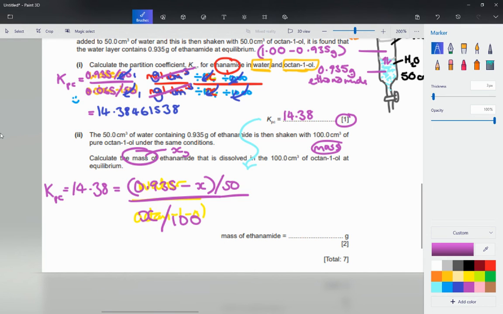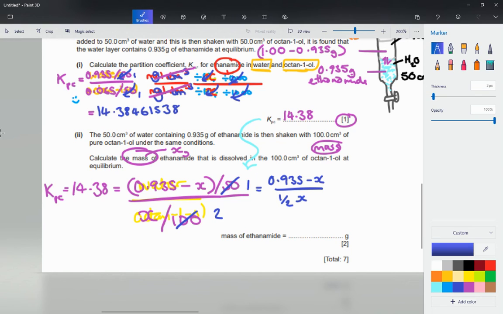If you really wanted to, you could cross that out, and that becomes a 1, that becomes a 2, if you really wanted to. But you could put it through your calculator. So that then becomes 0.935 minus x over half x.